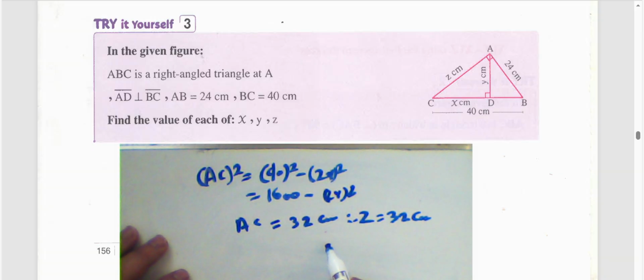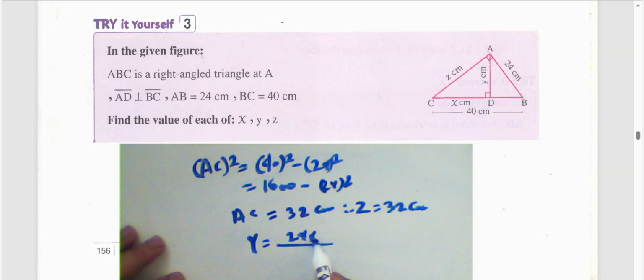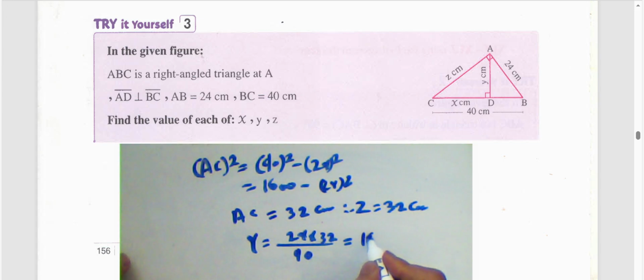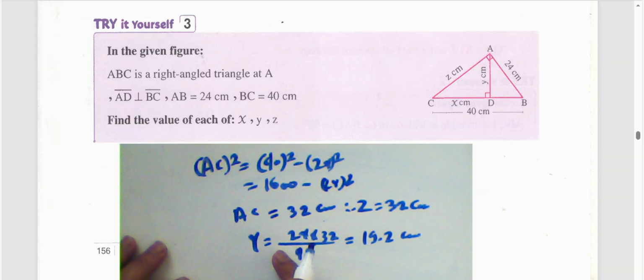Now we can find Y. Multiply 24 by Z, Z was 32 over 40, and then find the answer using a calculator. The result will be 19.2. That is 24 times 32 divided by 40. It's Y.